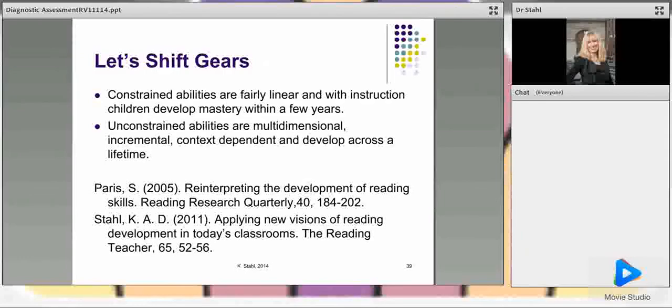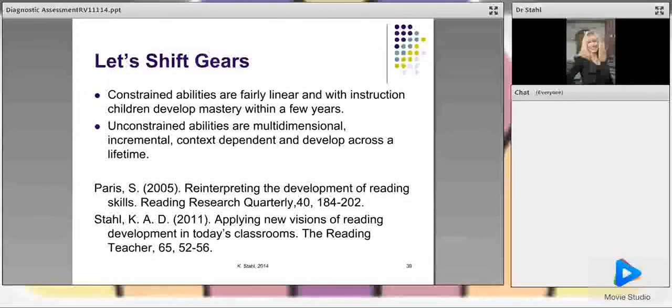Now let's shift gears to what it's really all about, and that is those unconstrained skills of vocabulary and comprehension. What we've talked about, the phonics or decoding, fluency, phonological awareness, are all considered constrained abilities.